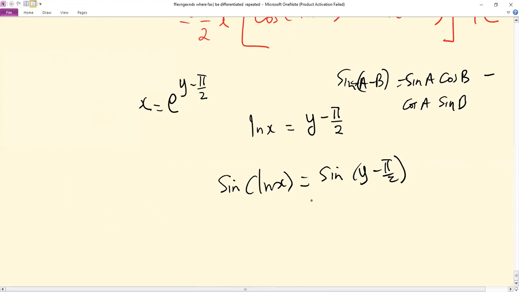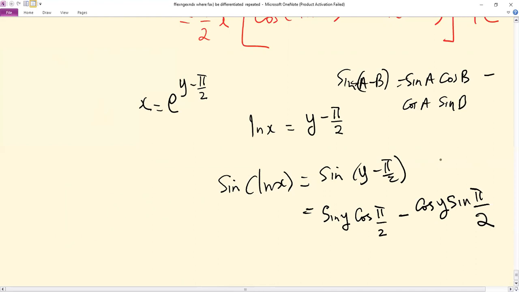So this is the same as sine of y cos of pi over 2 minus cos of y sine of pi over 2.